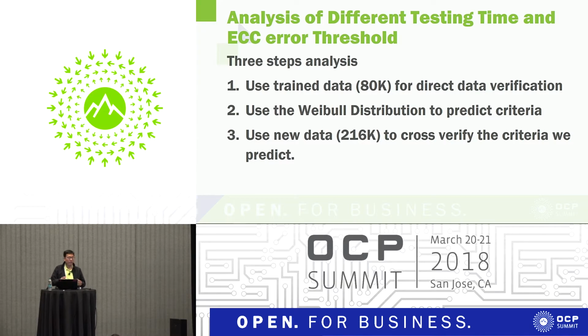And finally, we use the new data. Okay, we use data from maybe 2 months before, another data in different months, to do the cross verification. So we have the trend data, we have the predicted criterion, then we have new data to cross verify.